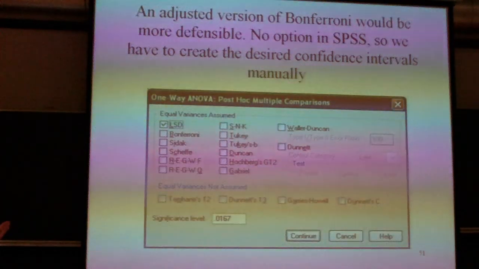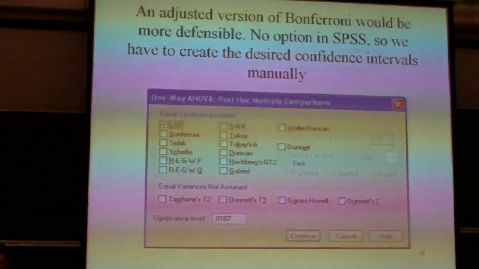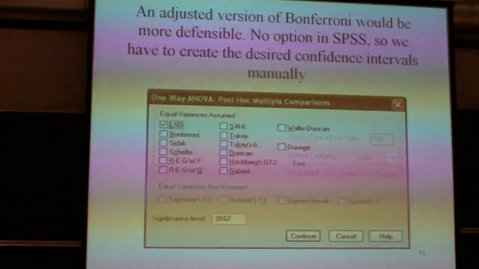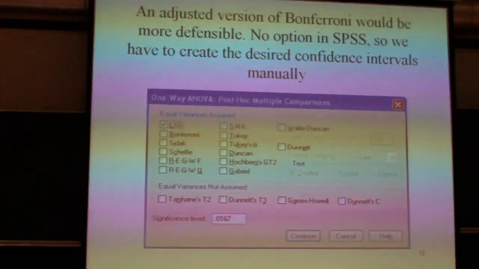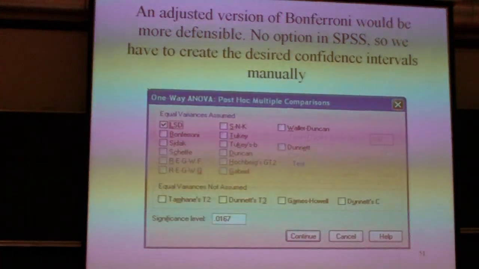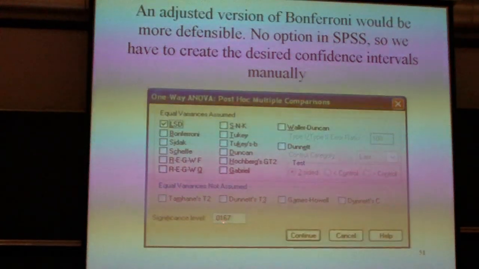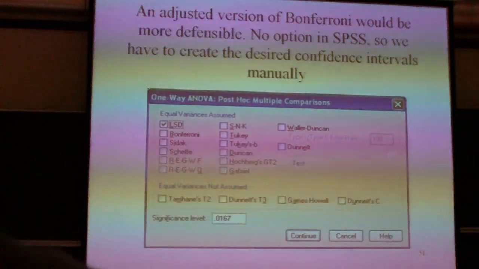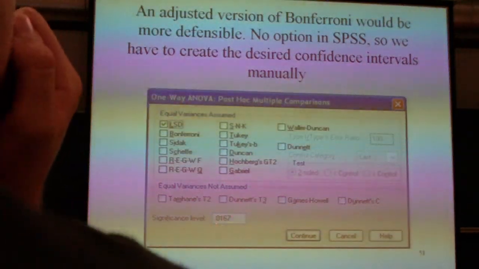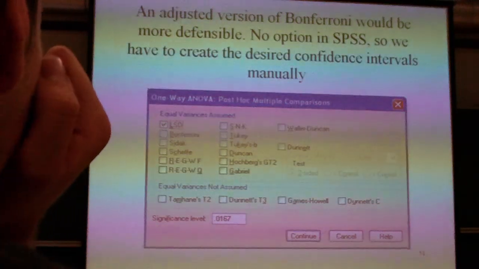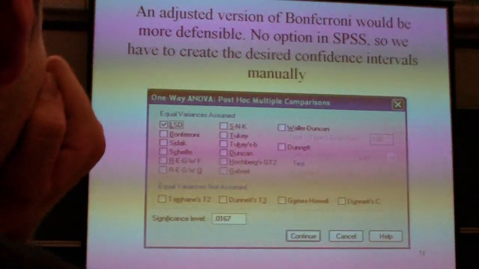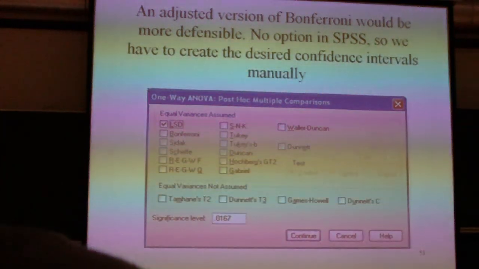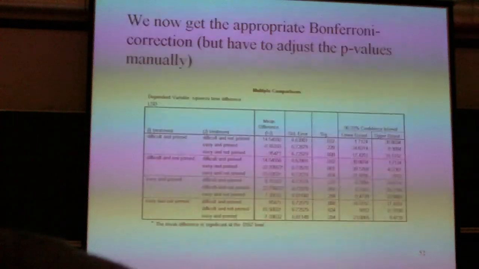You can do that manually by ordering the LSD, the least significant difference, and set the significance level at 0.0167. This is, of course, 0.05 divided by 3. So we're now asking for a new significance level of 0.05 divided not by 6, as the ordinary Bonferroni correction would do, but divided by 3.